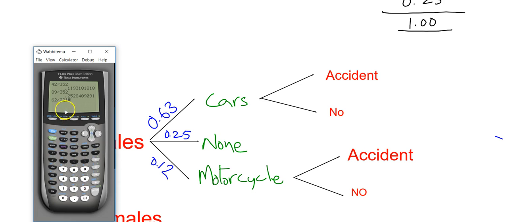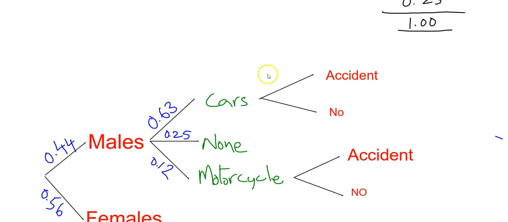Total car owners are 221. 62 are involved in accidents. That gives me 0.2805. I can write it as 0.28. 0.28 are involved in accidents. So the rest of them, 0.72, they are not involved in accidents.